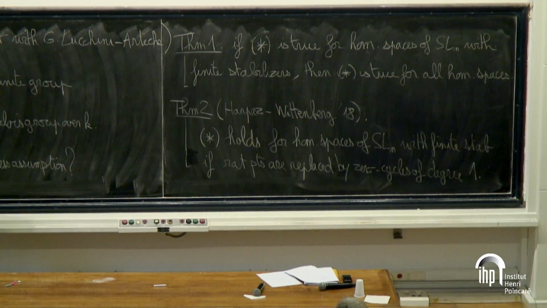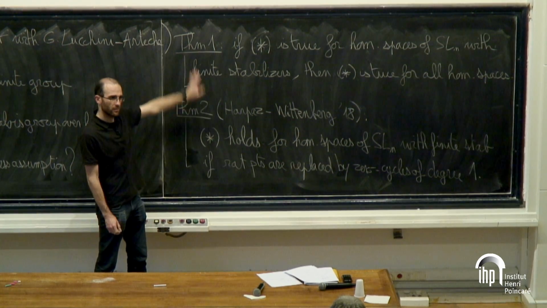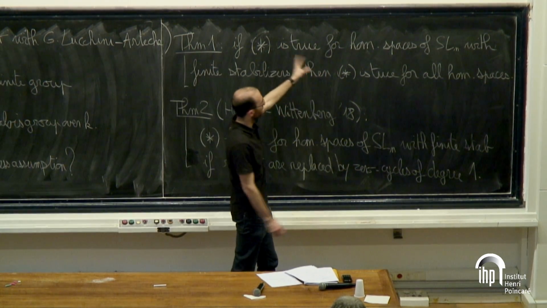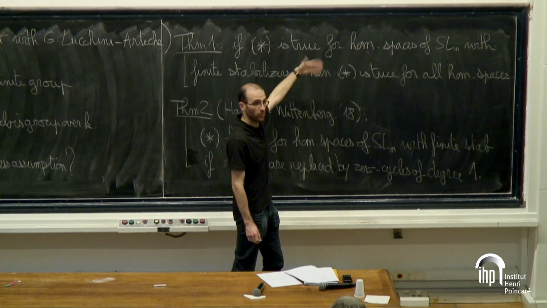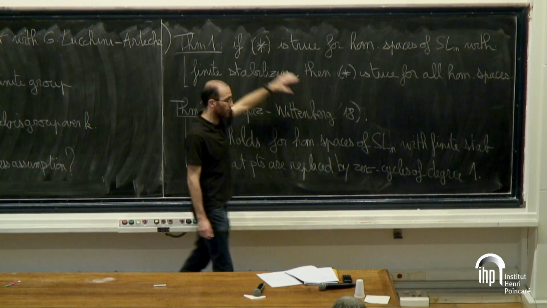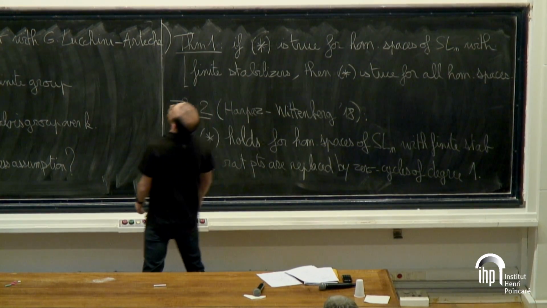I will give the precise version afterward. And if you put together these two results, of course you have to modify this statement a little to replace rational points by 0 cycles of degree 1. If you put those together, you get the following consequence.